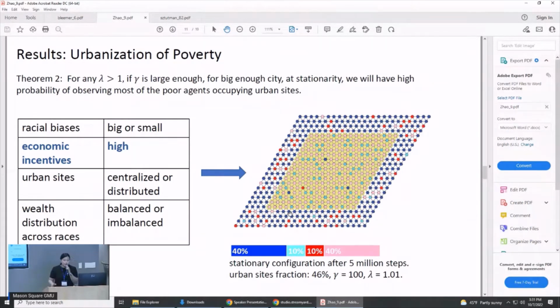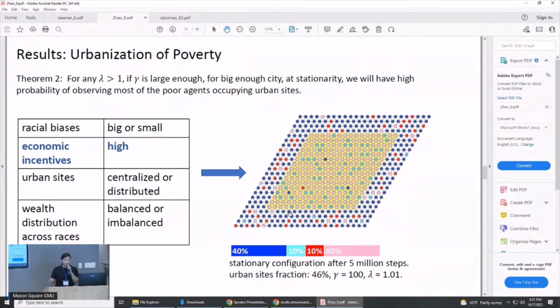To prove this theorem, it suffices to prove that in the state space, the configurations that are non-urbanized have exponentially small probability. To do that, we define a mapping from those non-urbanized configurations to urbanized ones. And we prove that the images of the map have exponentially larger probability than the pre-images, using tools from the statistical physics community.